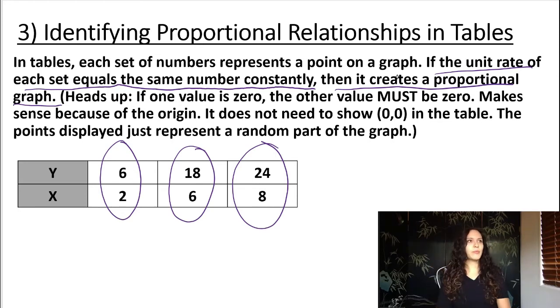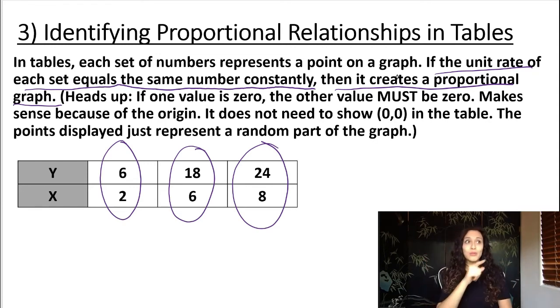Heads up as a reminder. If one value is 0, the other value must be 0, because remember, it must start at 0, 0. Makes sense because it's the origin. But it does not need to show 0, 0 on the table. A lot of people think that, oh, I don't see 0, 0, so it must not be proportional.